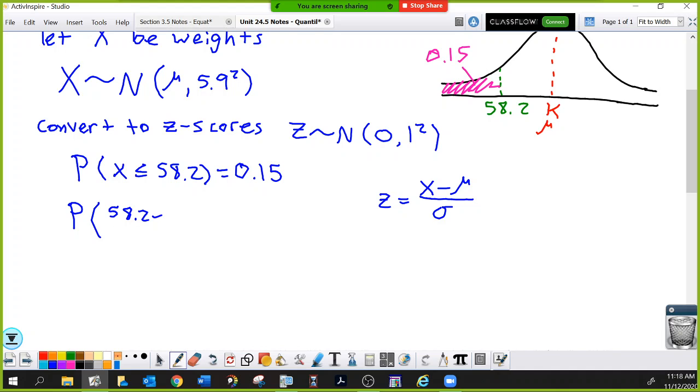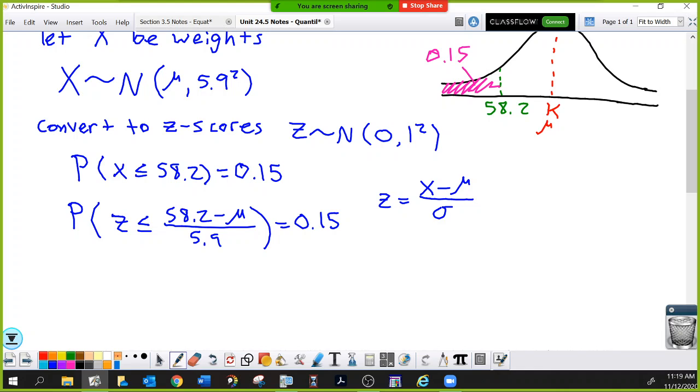I forgot to write z. There we go. 58.2 minus unknown mean over sigma. Sigma was, what was it? 5.9? Yeah, 5.9. So what I'm trying to do is find the z-score that is associated with the area of 0.15.